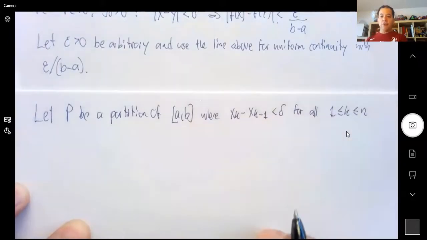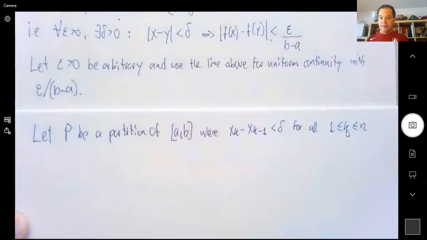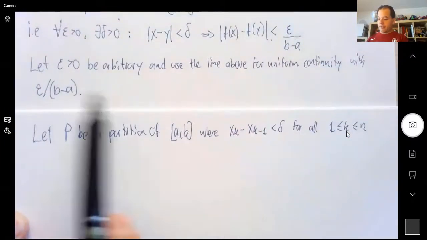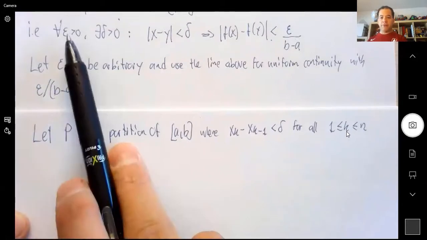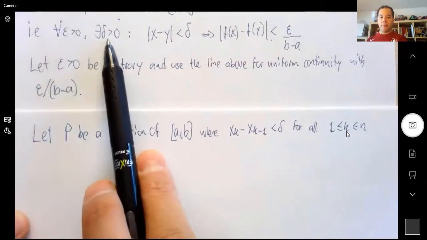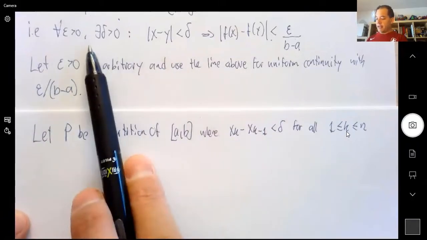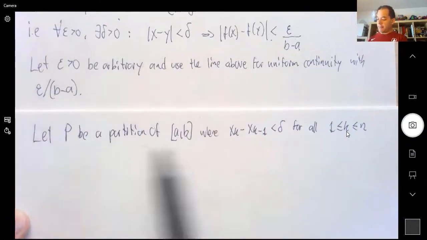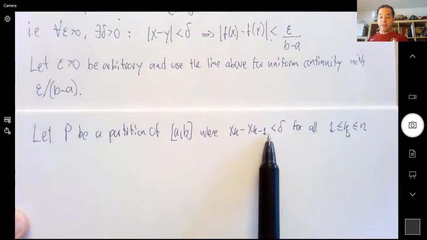And I can do that, right? Let's recall again what we're doing. We started with an epsilon. Using this epsilon, because of uniform continuity, we know there is some delta that makes this happen. Now pick that delta and then pick a partition where the length of the intervals is less than delta. You can always do that.